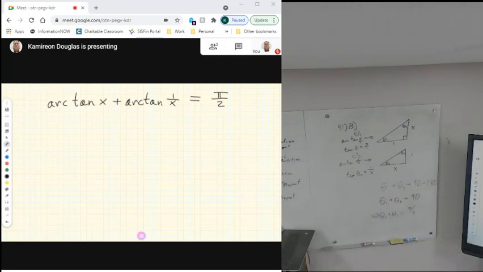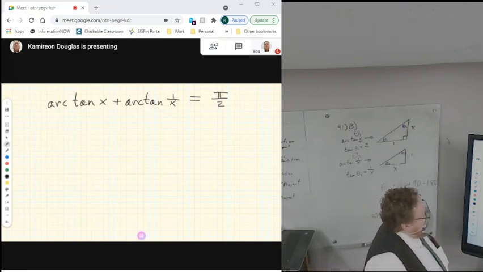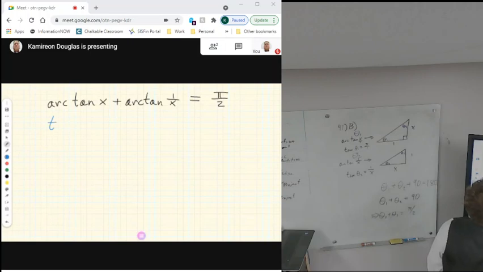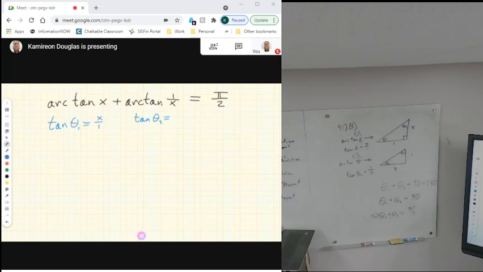So I might pull out my trig cheat sheet and see, is there some other way to write arctangent in terms of other functions, and see if I can get it to work itself out. So I have this problem. I might turn this into, let's see, this would be the first one, tangent of theta 1 is equal to x over 1. This one becomes tangent of theta 2 is equal to 1 over x.